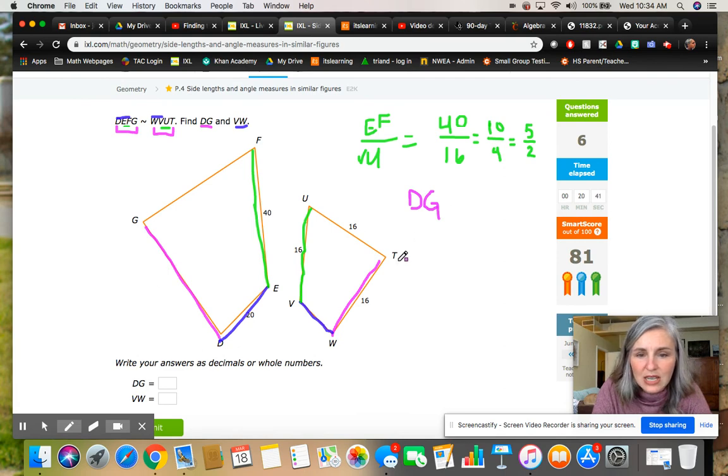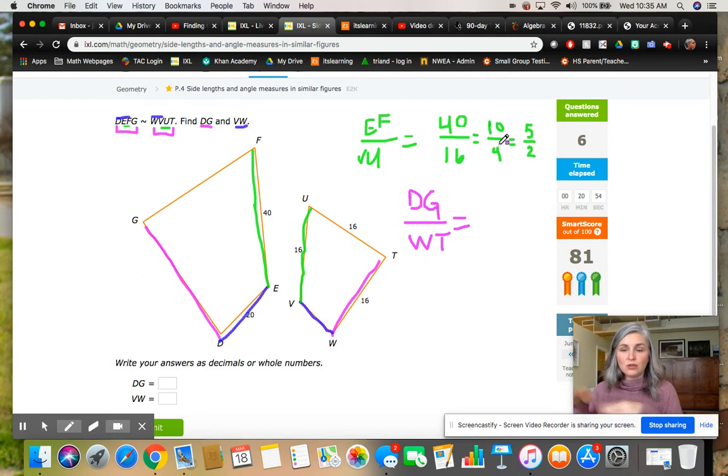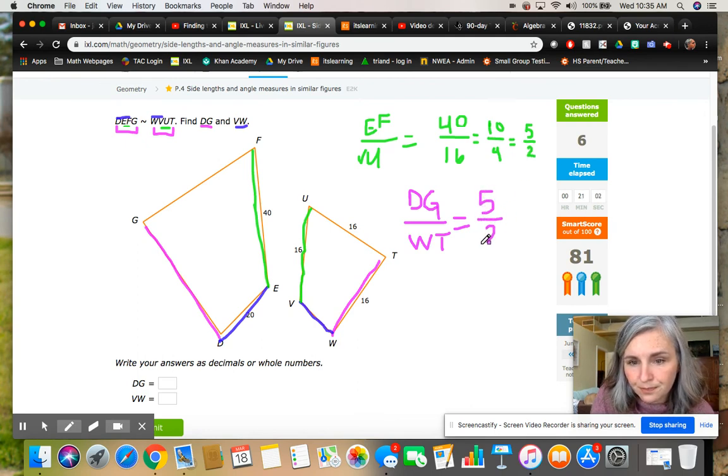So DG is to WT as, oh, and then I already, see, I don't have to say 2 more sides, right? Because I already figured out my ratio that I'm going to be working with. My ratio is 5/2. And then DG is what I don't know, so let's call it X. And WT, I do know. WT is 16. And I'm going to set that equal to 5/2.